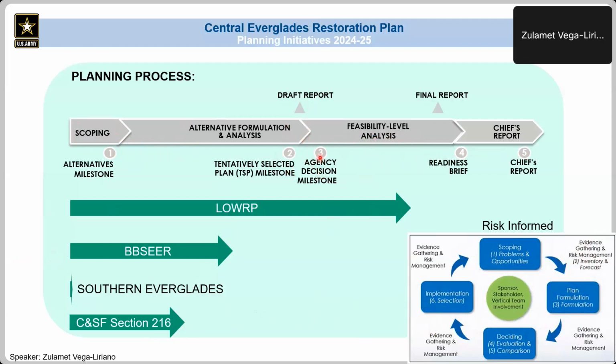That's where it starts. And it ends with the final report and readiness brief, which provides the key to the next step of the planning process, and the last one, which is the development of the chief's report and approval, eventually, but is for consideration for congressional authorization.